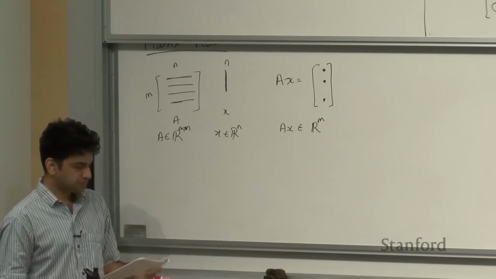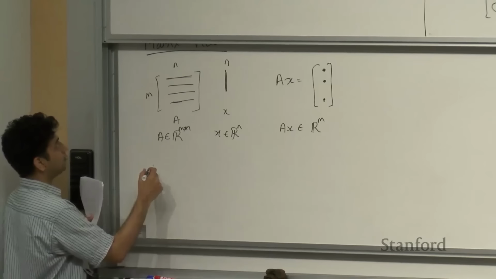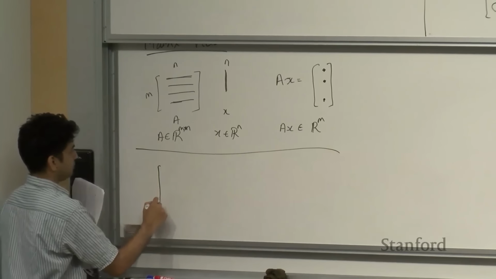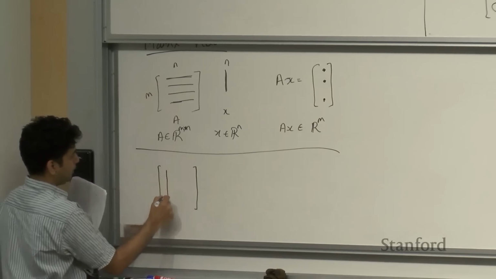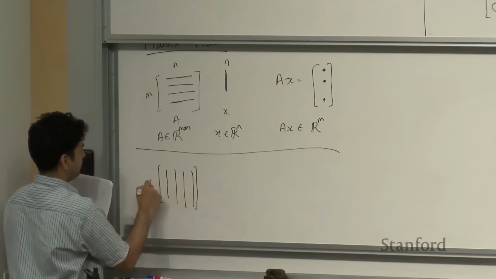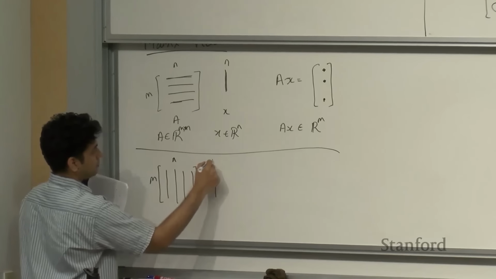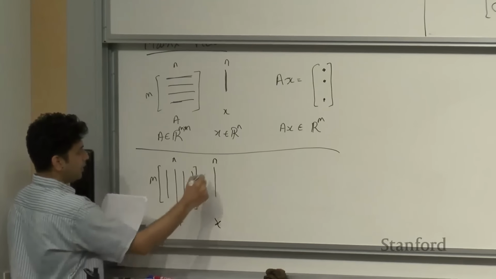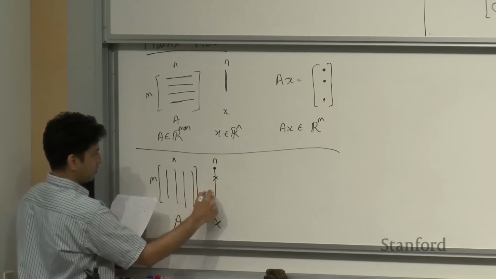Another interpretation of matrix vector multiplication is this: it's the same matrix, except we're going to think of it as columns. M by N, this is N, so this is A and this is X. I'm just going to use different symbols.